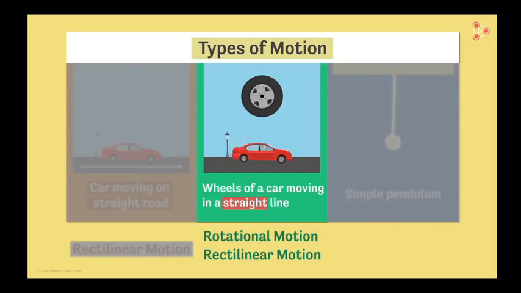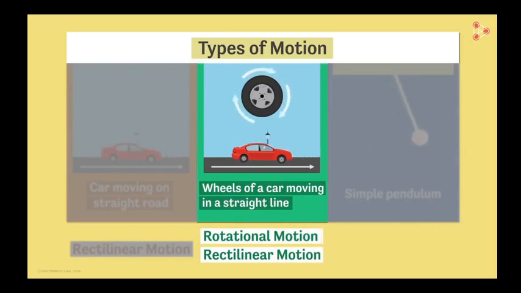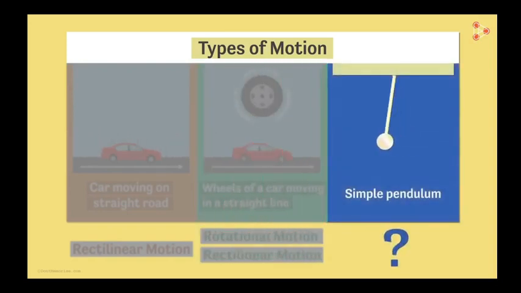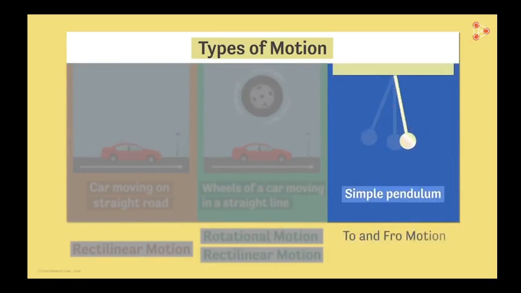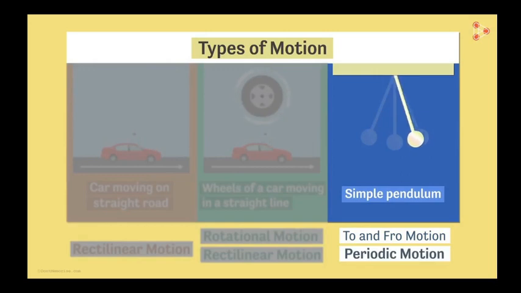Since the automobile is moving in a straight line, its wheels are undergoing both rectilinear and rotational motion at the same time. What about the simple pendulum? We know that a simple pendulum performs to and fro motion. This to and fro motion repeats itself in equal intervals of time. So it's undergoing periodic motion.